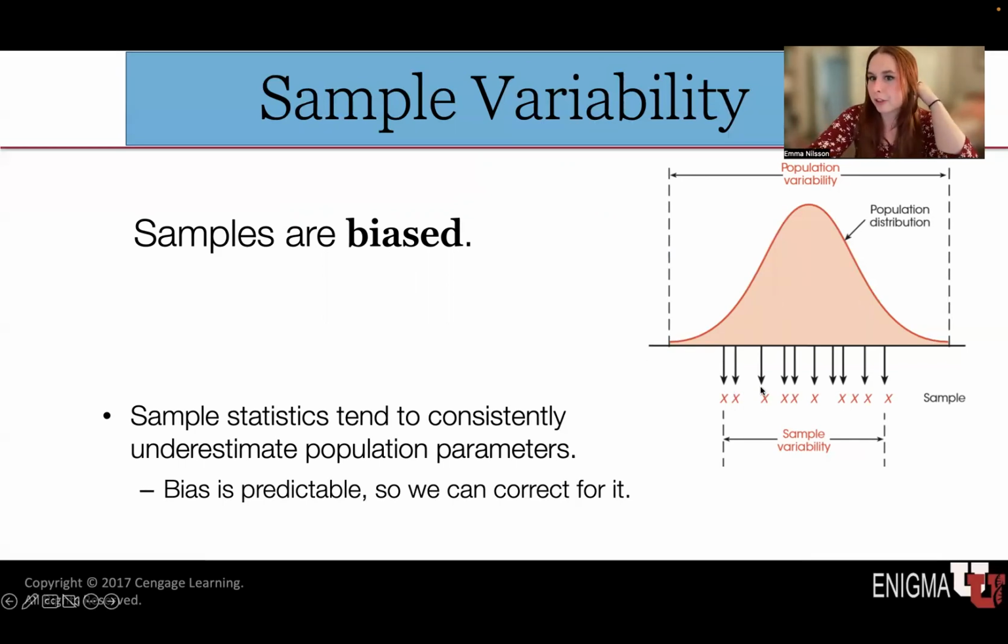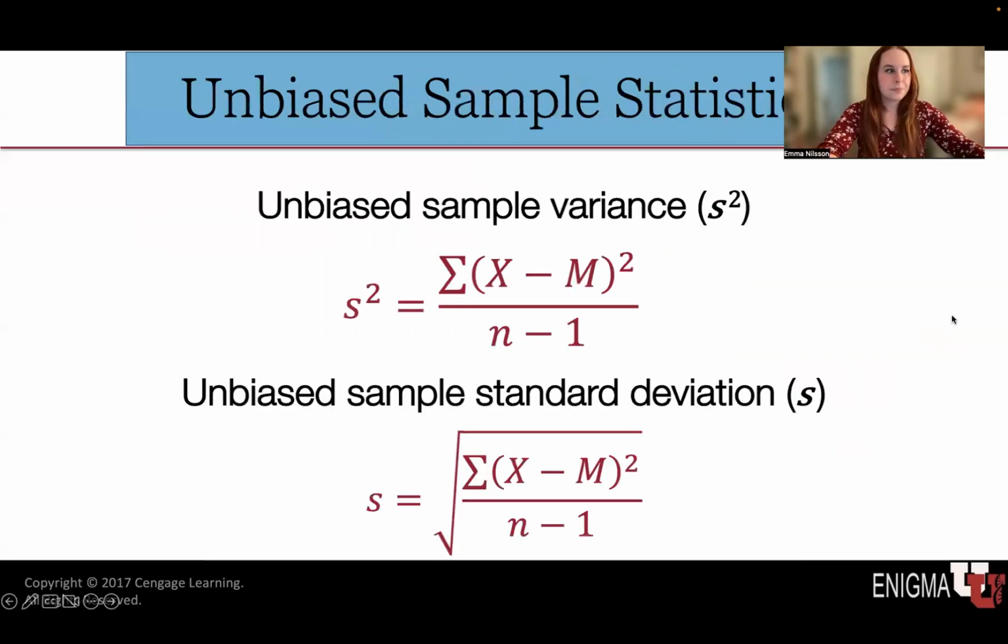The sample variability that we took from our population is just from this X value to this X value, which is smaller than the overall population's variability. And that's a problem. The way that we get over that is instead of just dividing by n when we're dealing with sample statistics, we actually are going to divide by n minus 1 instead.